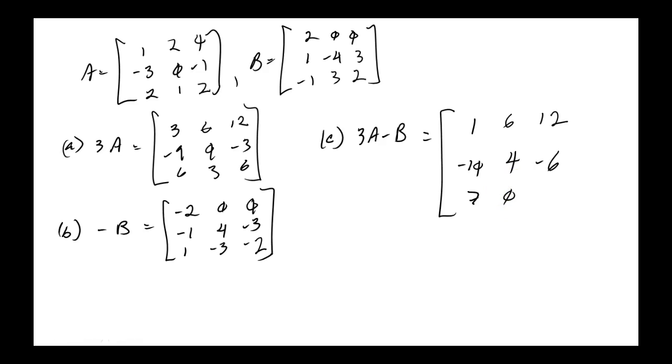And 6 minus 2 is 4. Okay. 1, 6, 12, negative 10, 4, negative 6, and 7, 0, 4.